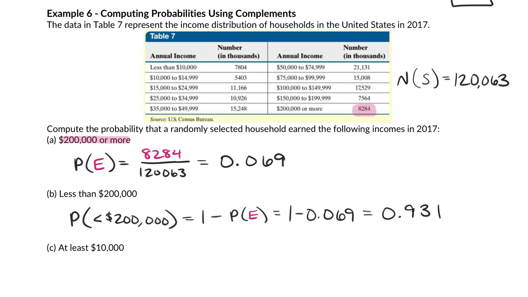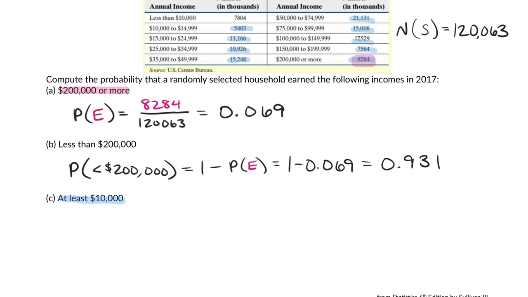Our last question here says, what is the probability that we would choose a family that has at least $10,000? Well, all of the things that earn at least $10,000, I'm going to highlight in blue. That's this one, this one, this one, this one, this one, this one, this one, this one, and this one. It would be kind of annoying, especially if this data was even larger than this, to add up all of those numbers and then do the probability.